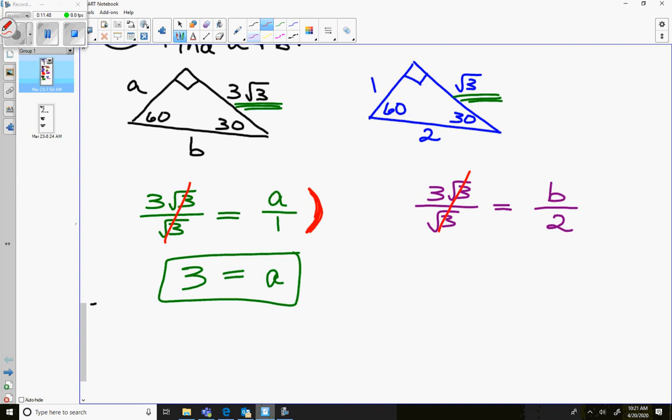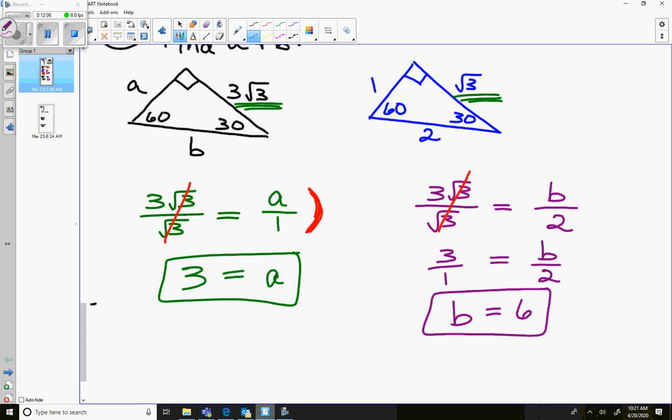I would probably still recognize that the square root of 3s on top and bottom cancel. So go ahead and get rid of those. That leaves me with just simply 3 over 1 equals B over 2. Now when I cross multiply, we get B equals 6.